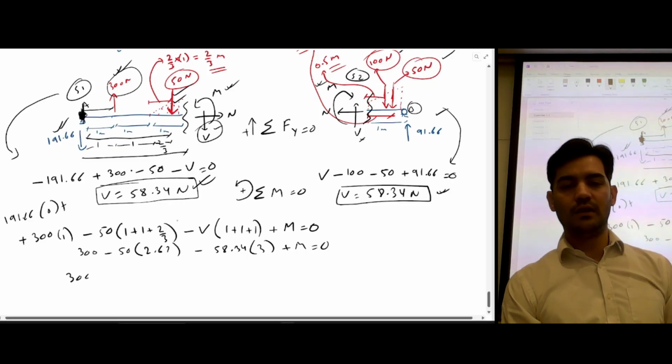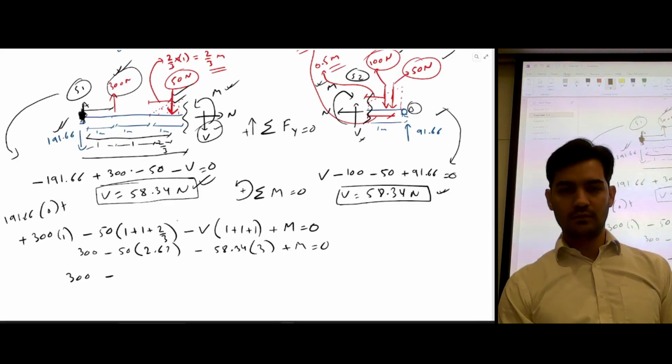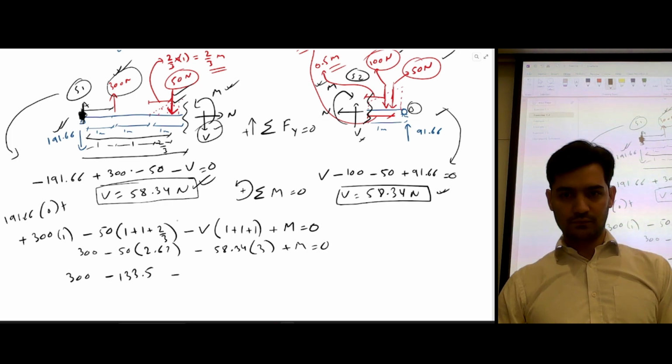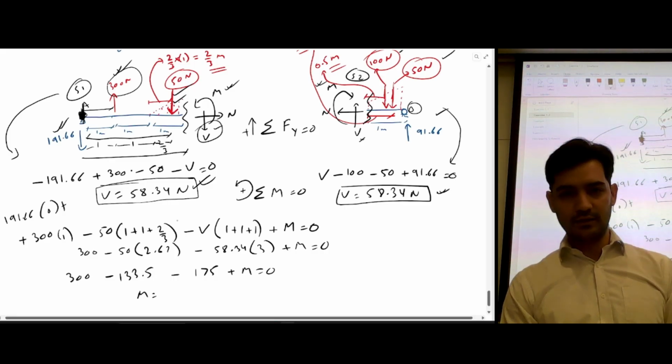So it's going to be 300 minus 50 into 2.67, which is 133.5, minus 58.34 into 3, which is 175, plus M. So if you solve this, you're going to get the moment value.